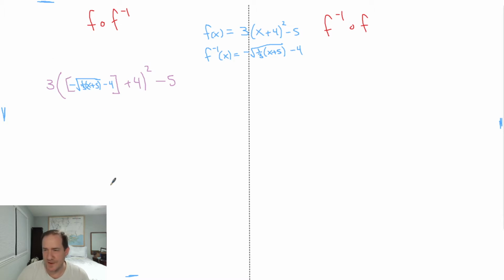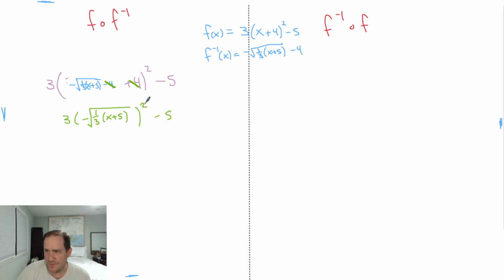Okay, so how do you simplify this? Well, within these brackets, there's nothing that needs simplification, which means I can just take those brackets away and continue simplifying. And with those brackets gone, we're free to cancel the negative 4 with a 4. Now we're looking at 3 times negative square root of 1/3 x plus 5, all squared, minus 5.